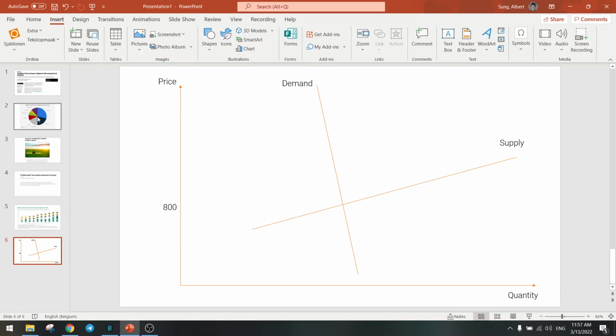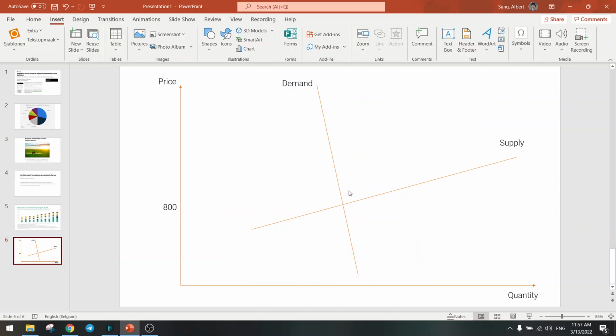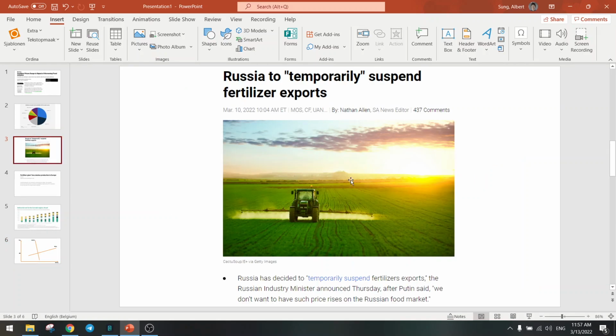Now, let's see what can happen. So first of all, Russia bans exports. So what happens when you ban exports? That means that if the price goes up, nothing happens. The price can double. If you ban fertilizer exports, then the quantity, the supply, will not increase.